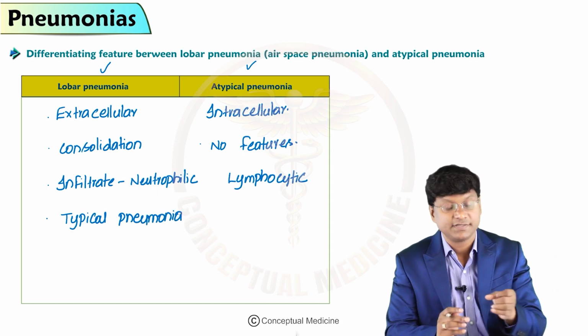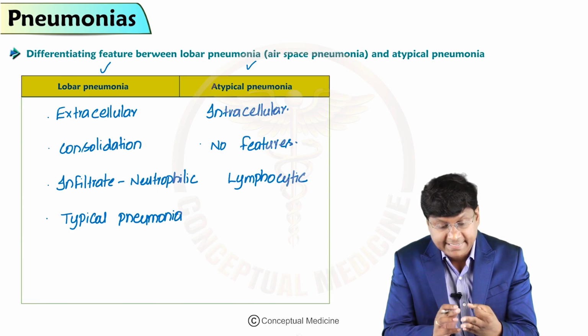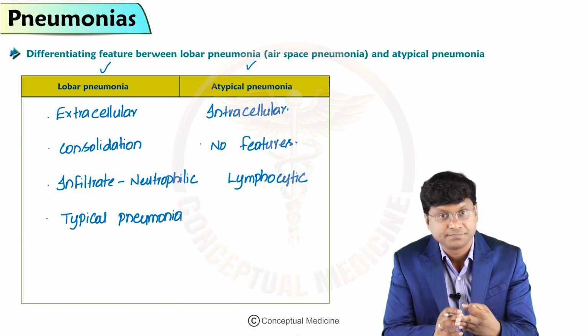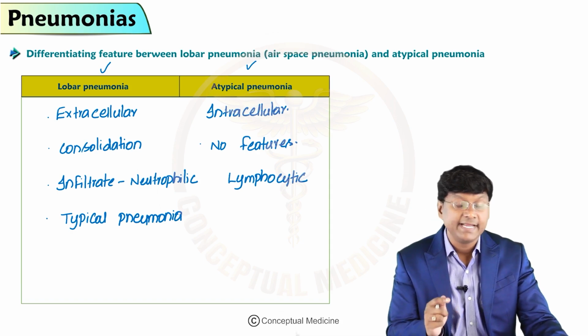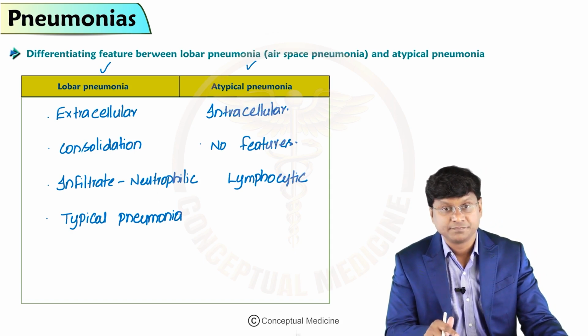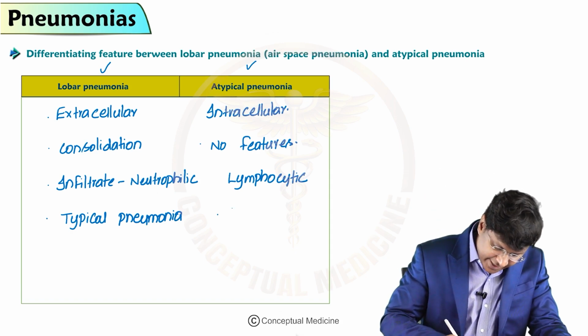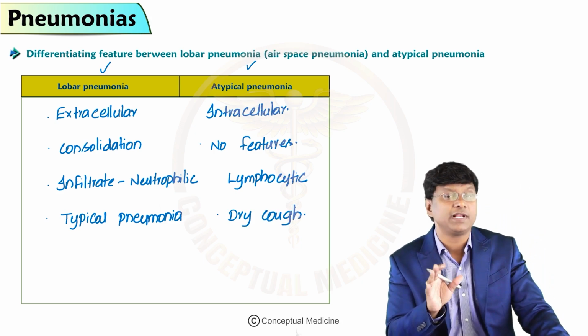And in lobar pneumonia, you have the features of typical pneumonia: the individual has high grade fever with chills and rigors, productive cough, and also hemoptysis. Whereas in atypical pneumonia, these individuals don't have cough with expectoration, they have dry cough, and very few localizing signs.